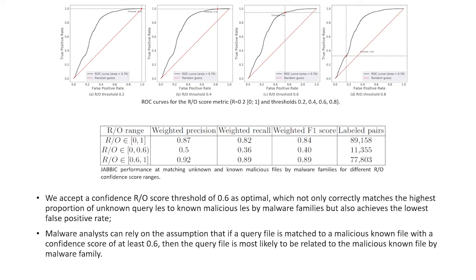Therefore, the only implication of Jabbic matching a small proportion of unknown files to malicious known files with different mother families is that the unknown files are collected and analyzed earlier than they otherwise would. So for this reason, we accept the confidence RO score threshold of 0.6 as optimal, which not only correctly matches the highest proportion of unknown query files to known malicious files by mother families, but also achieves the lowest false positive rate.